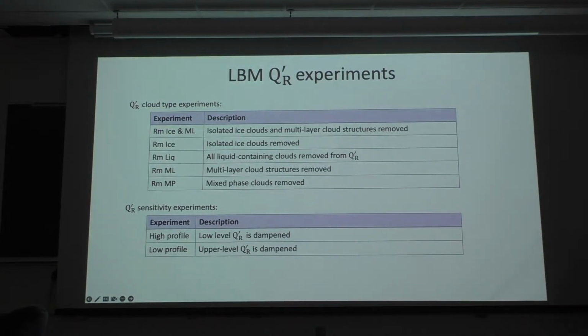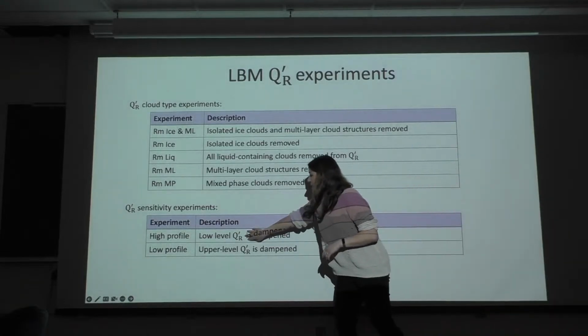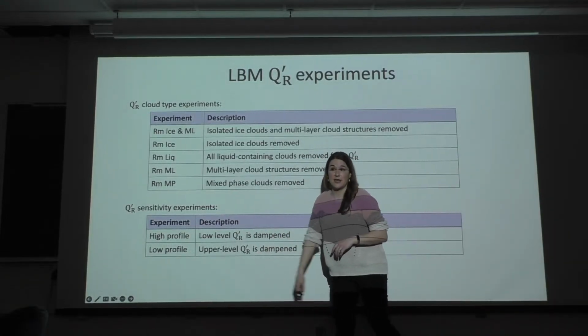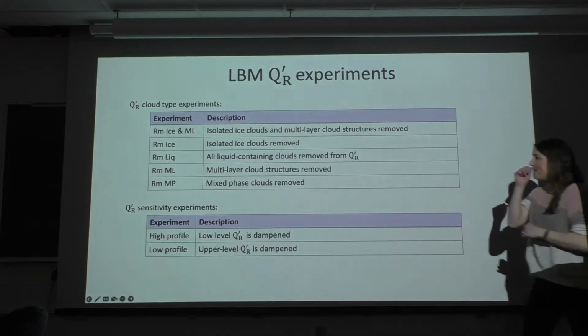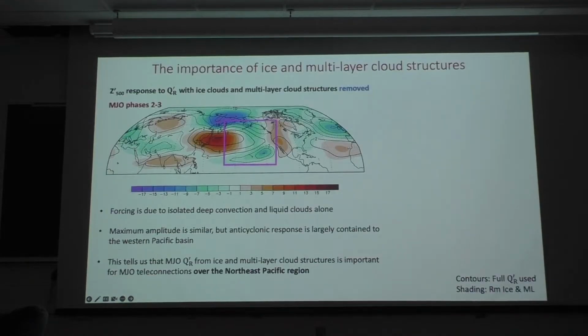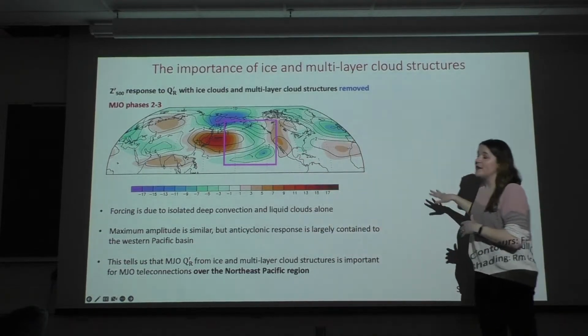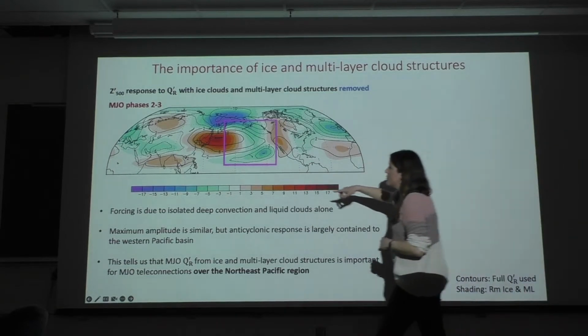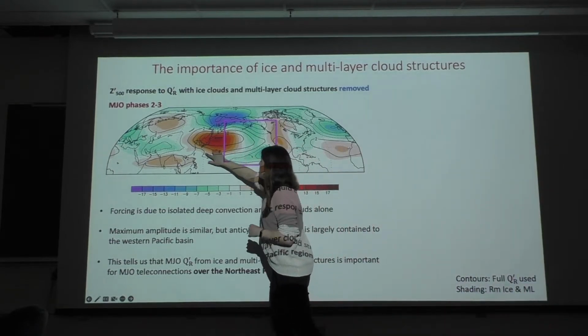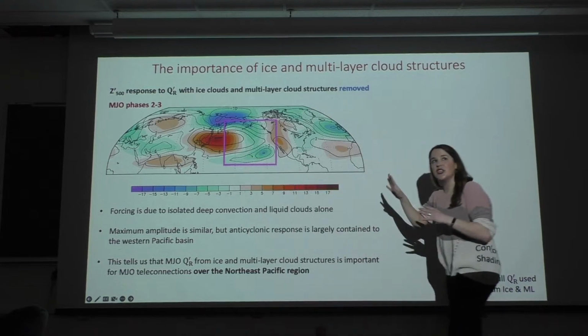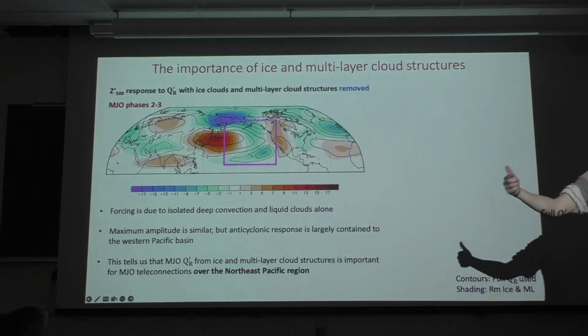What happens if the lower level radiative heating is given versus the upper level radiative heating is given. Okay, so let's start with removing ice clouds and multi-layered cloud structures. So now, from here on out, all of the black contours represent the response to the full QR forcing.